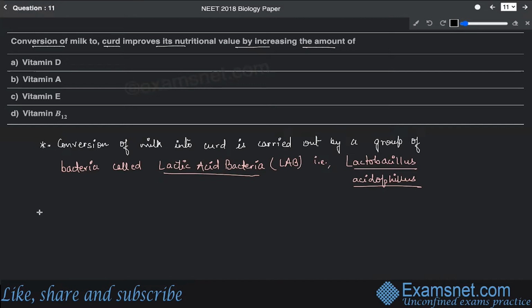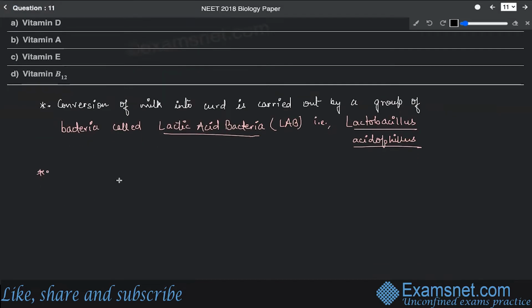Now, curd has two nutritional benefits. The first important benefit is that it has an enriched amount of a very important vitamin which is actually not available in the body, and that is vitamin B12.